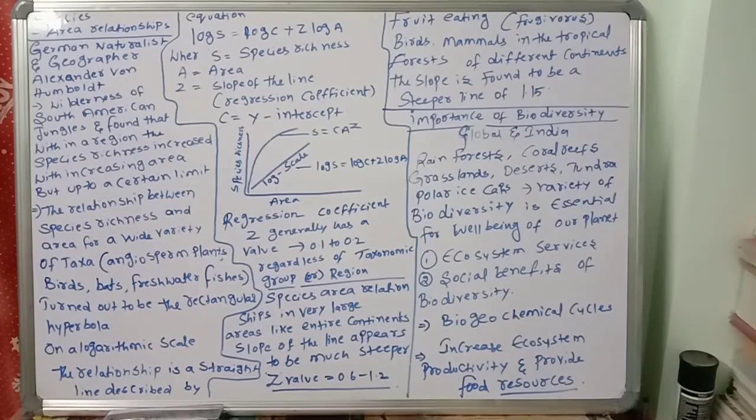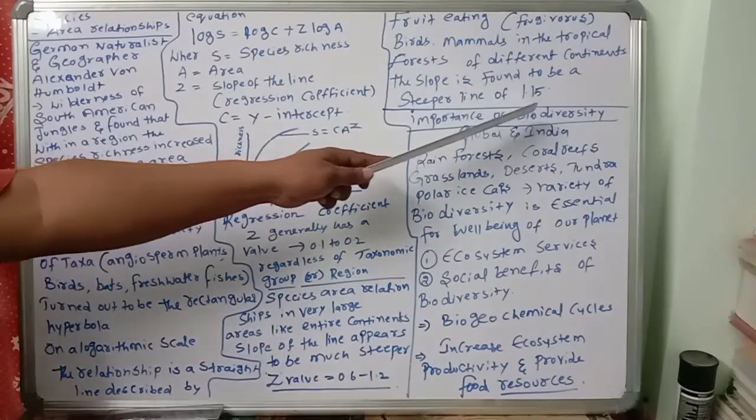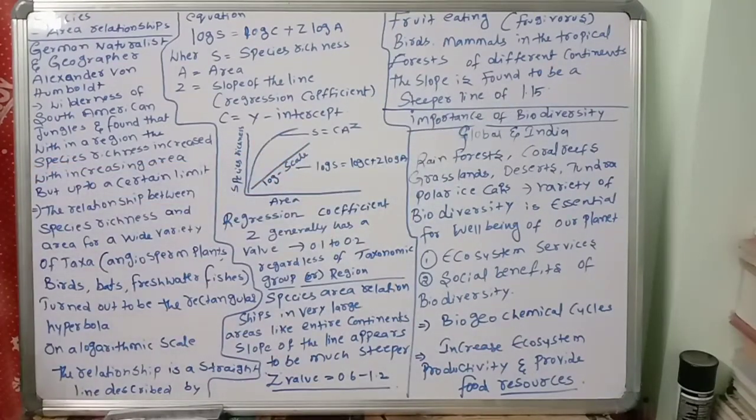So biodiversity is much more important. Biodiversity is the variety of life on the earth. What is biodiversity? Variety of life. The different forms and varieties of life on the earth are called biodiversity.